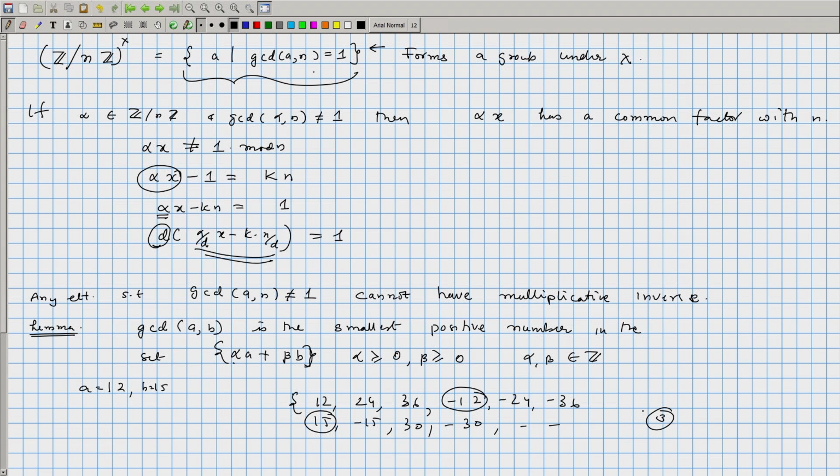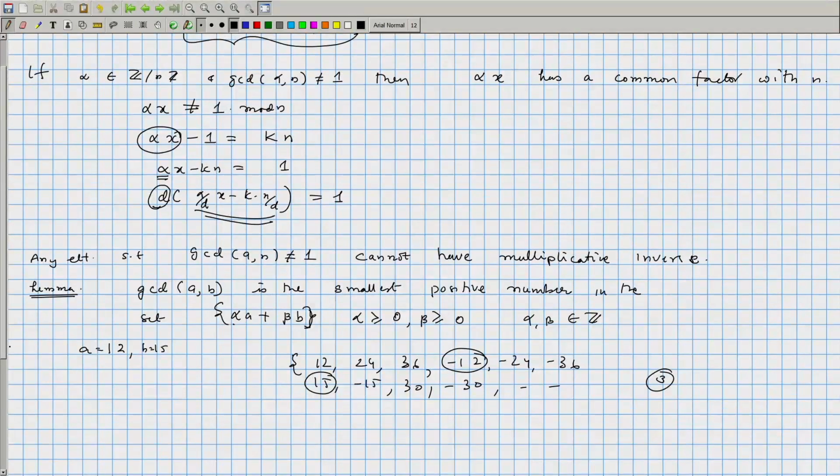Okay. And you can argue that there is no other number smaller than 3 and strictly positive. Okay. So, at least in this case, you can easily verify that the GCD is in fact the smallest positive number that can be obtained as a linear combination of 12 and 15. Okay. So, we can use that fact.